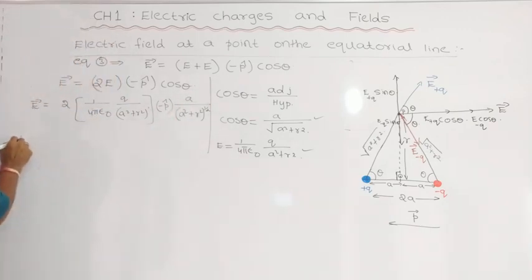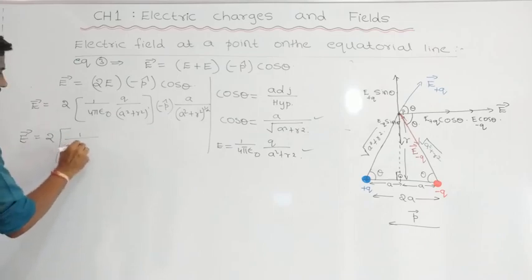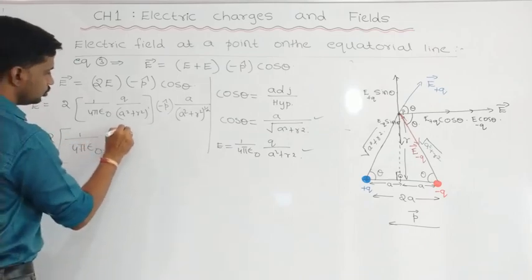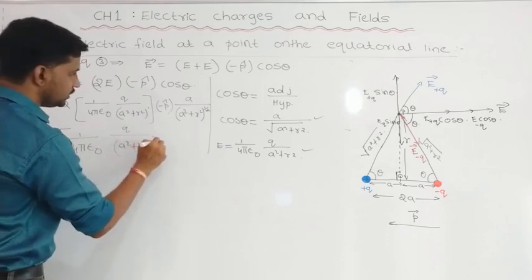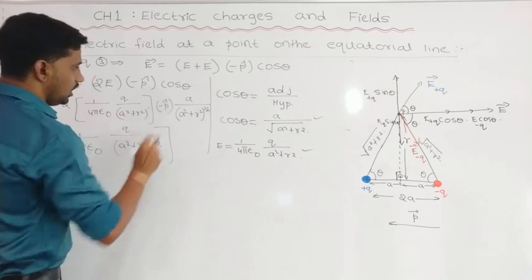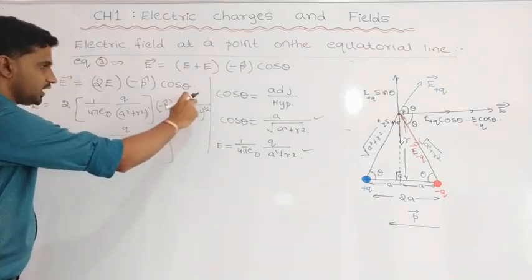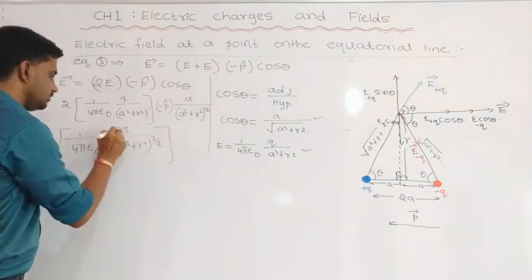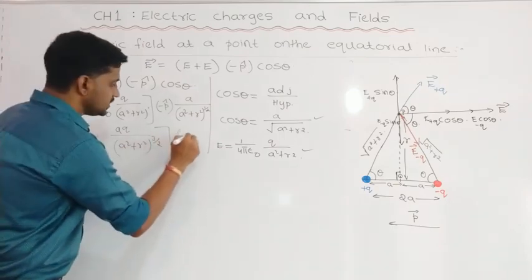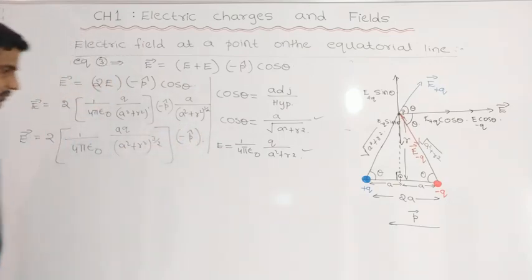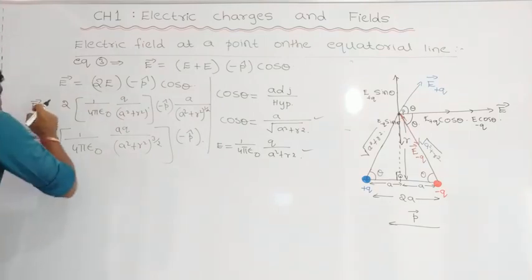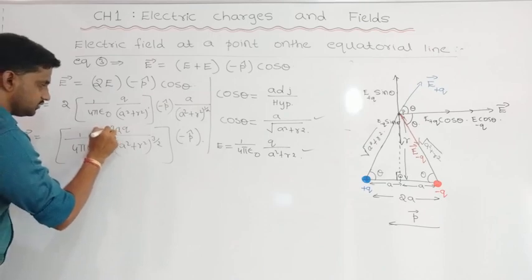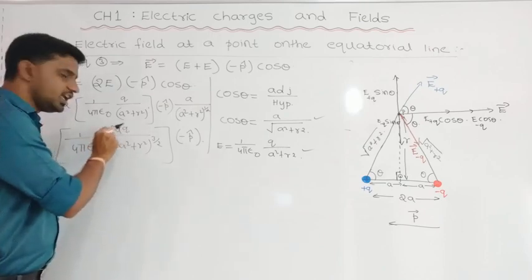Then this equation can be written as E vector is equal to 2 into 1 by 4 pi epsilon naught Q divided by A square plus R square to the power 3 by 2, and outside there is A in the numerator, that A I am taking inside, and I will get minus P cap. Okay, minus P cap. And here the 2 is outside the bracket. These two also I am taking inside the bracket. Then it will become 2aq.